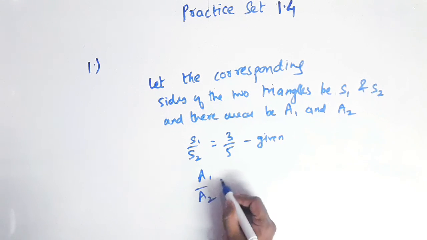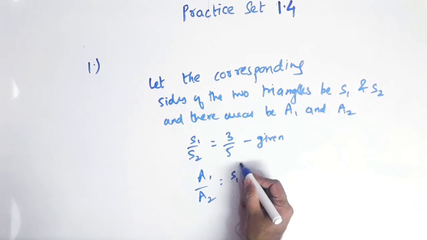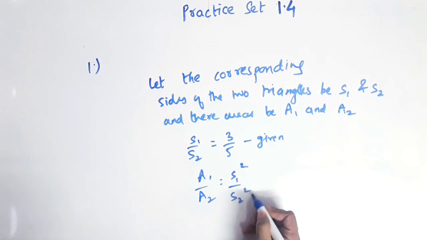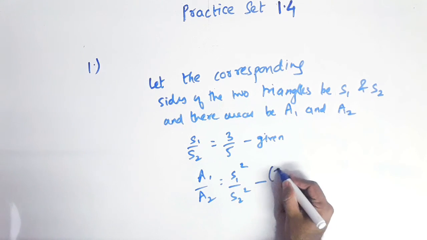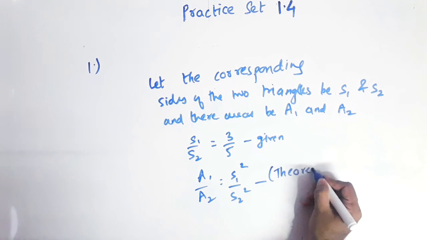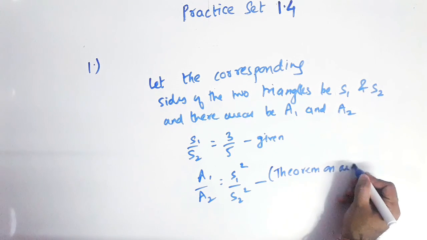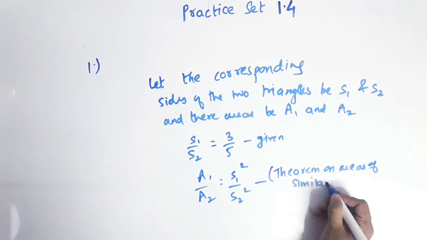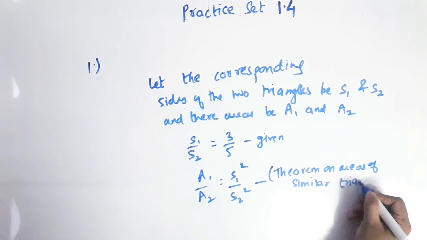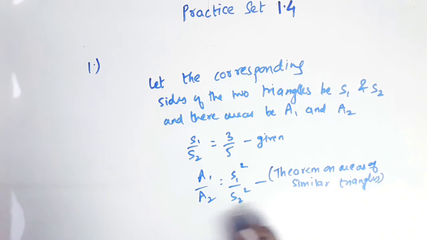A1 upon A2, I can write S1 square upon S2 square. What is the reason? The theorem you all have done. What is the theorem? Theorem on areas of similar triangles.